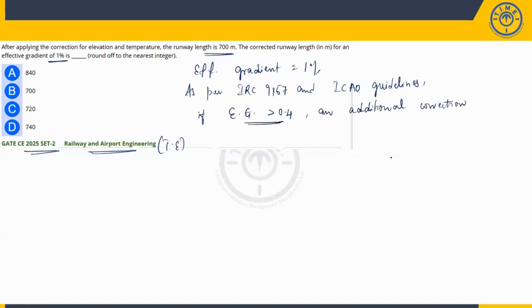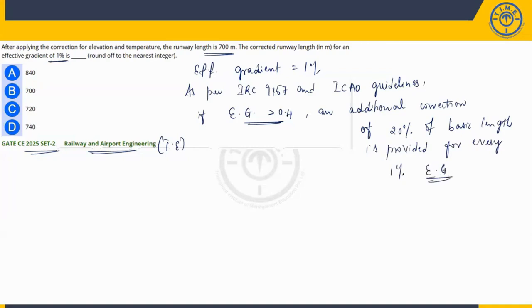If the effective gradient is greater than 0.4, an additional correction of 20% of the basic length is provided for every 1% effective gradient.